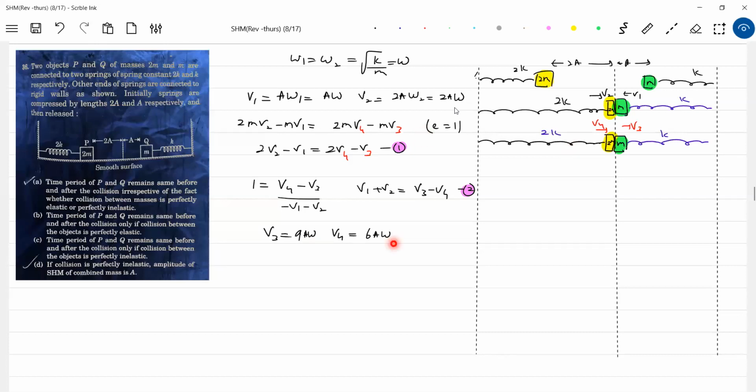What about inelastic collision? Get velocity a omega. If it is inelastic collision, we'll put 2m v2 minus m v1.